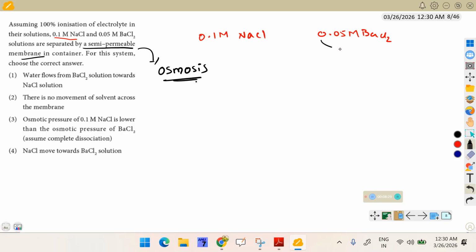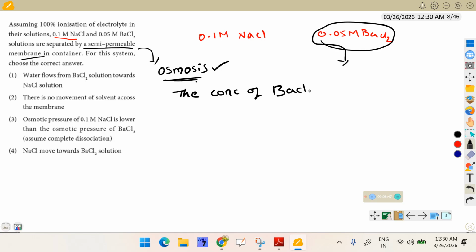Here the concentration of BaCl2 solution is less. According to the osmosis concept, in the given question, the concentration of BaCl2 solution is lower.